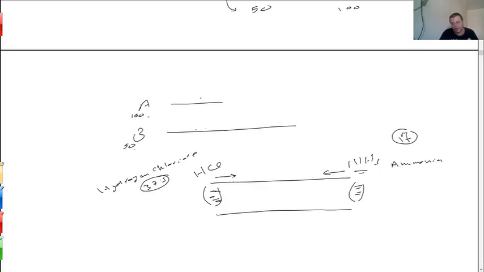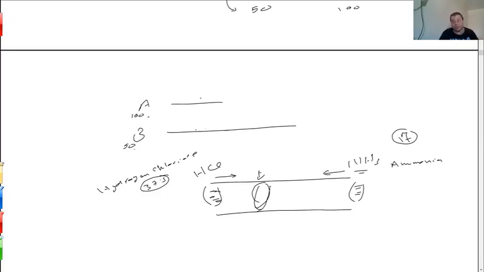Because ammonia is lighter than hydrogen chloride, it diffuses faster, covering a longer distance. That's why you will observe the two gases meet at this point, which is closer to HCl. Why? Because ammonia, being lighter than HCl, diffuses faster.